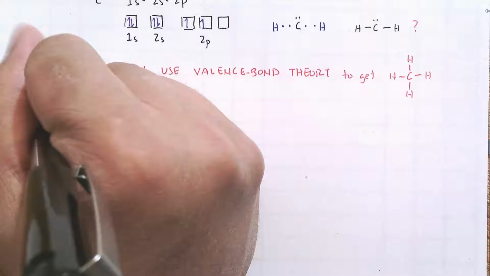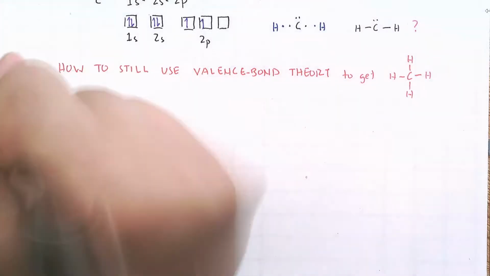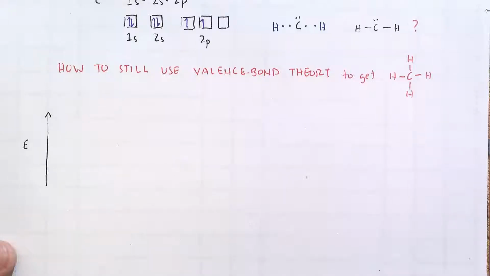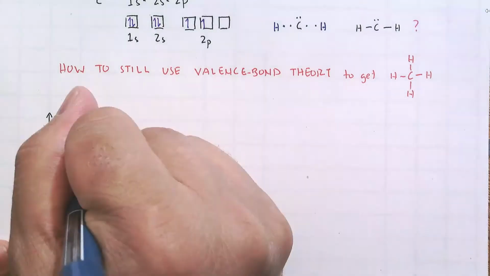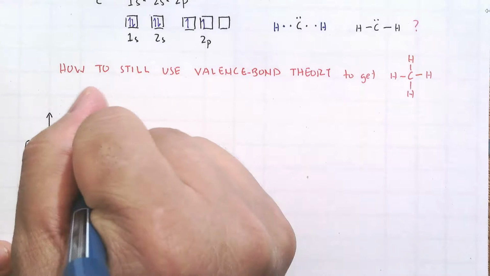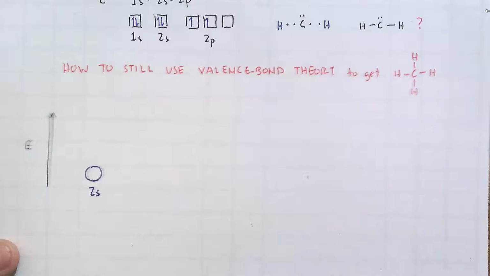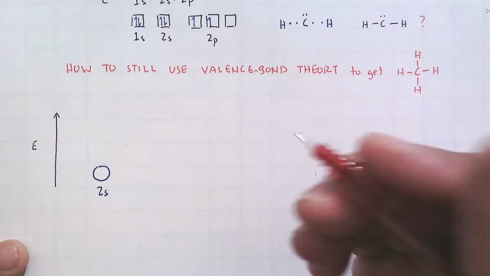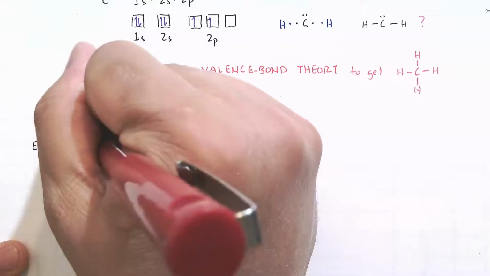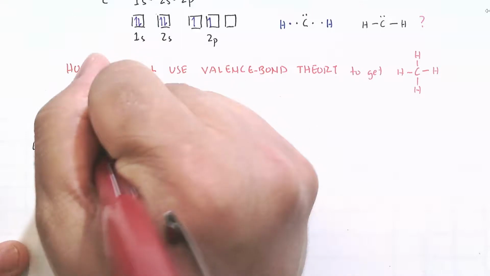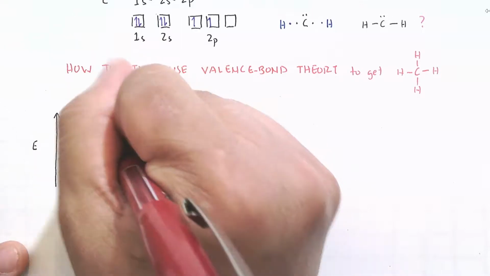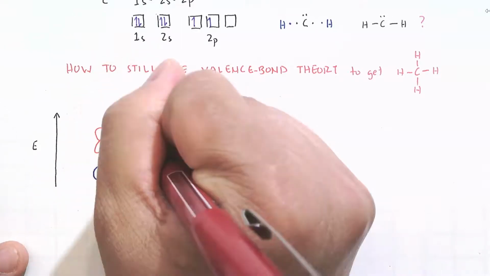Let's draw the orbitals on an energy diagram, and we're only going to look at the valence orbitals. Now the 2s orbital is slightly lower in energy, slightly more stable than the 2p orbitals, and I'm going to draw the 3 2p orbitals.